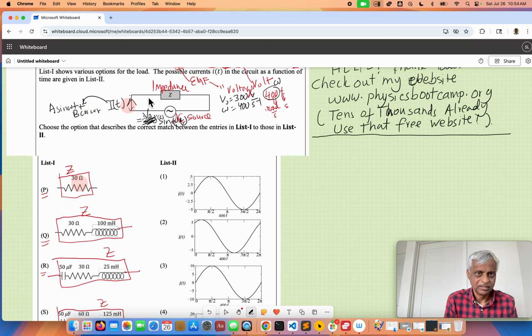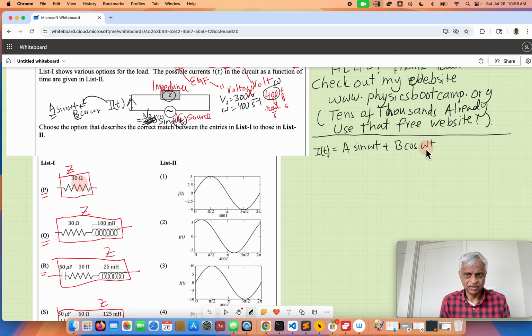If you have a combination of these two, you can write I(t) as I0, a constant, sine omega t plus some phase, which I'm going to call the phase of current.